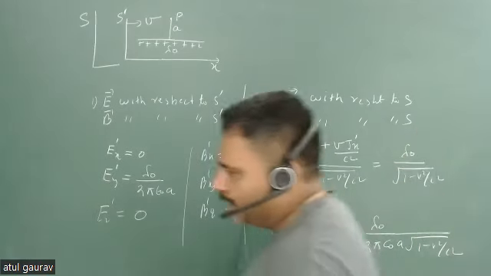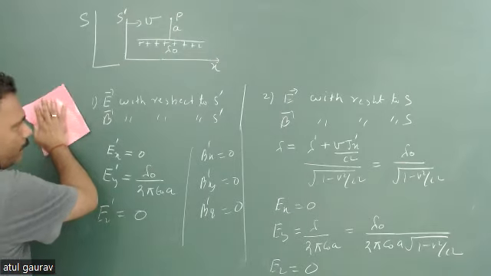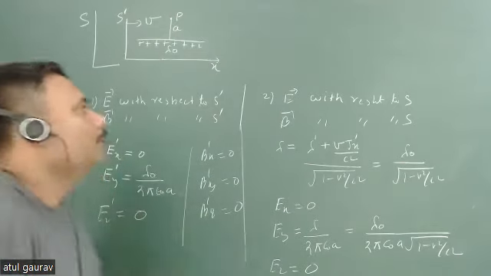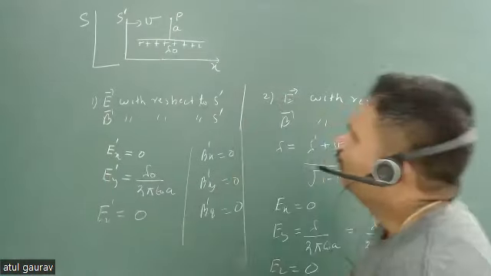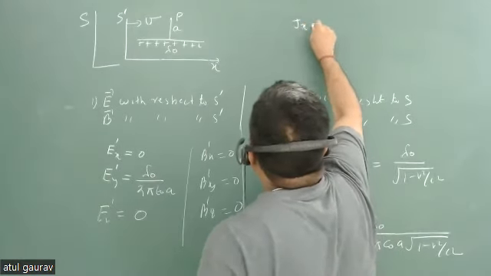Now, let's try to calculate the magnetic field also. What is going to happen? Magnetic field from the S frame. Clear till here? So I am just going to calculate here. Obviously, what will be your current density?